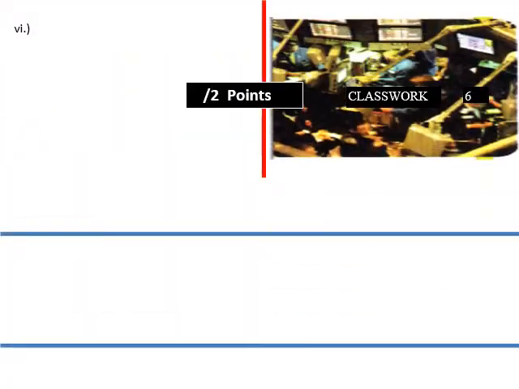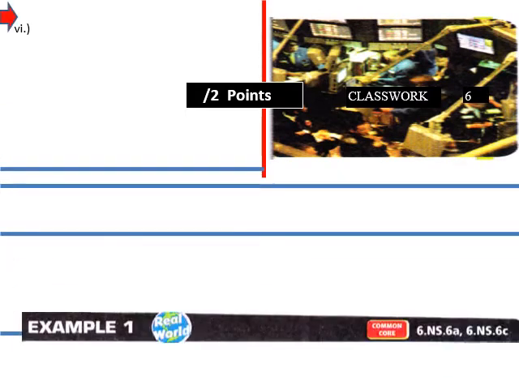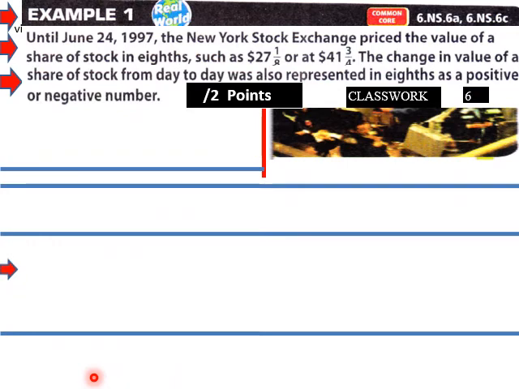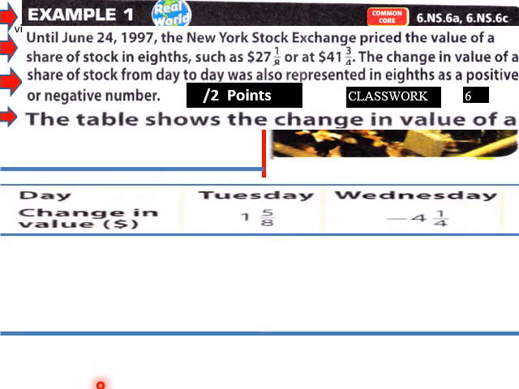Okay, onward here. Page 6, classwork. So example 1. Until June 24, 1997, the New York Stock Exchange priced the value of a share of stock in eighths, such as 27 1/8 or 41 3/4. The change in value of a share of stock from day to day was also represented in eighths as a positive or negative number.